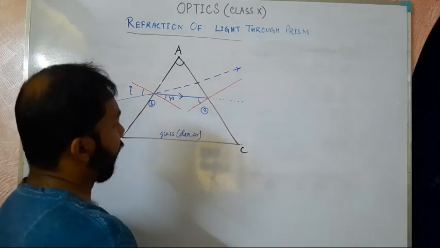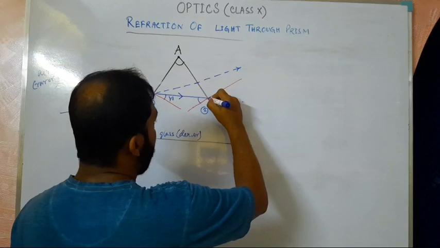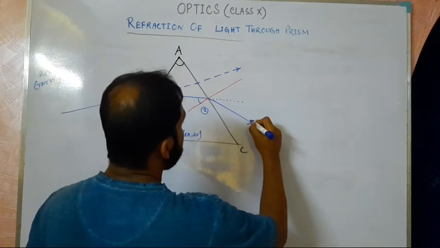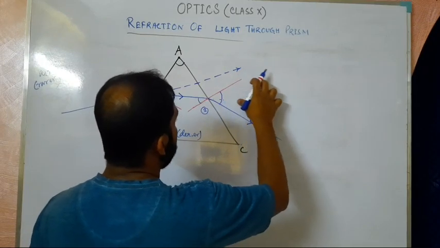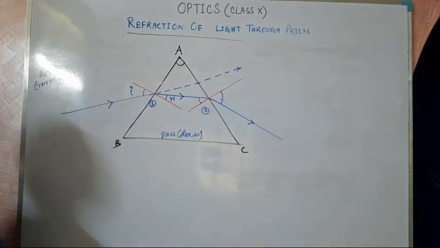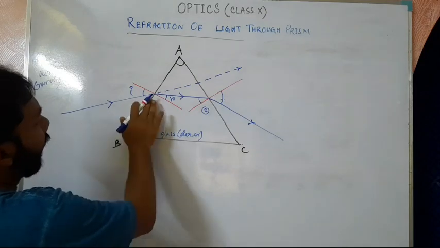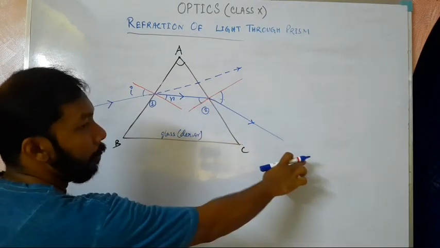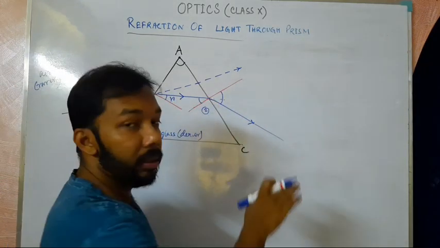But since there is a rarer medium after that surface, it will go away from the normal, it will go in this direction, and this will be the second refracting angle. So ultimately what we see is that the light has eventually bent towards the base. This is the base, and light has eventually bent towards the base.